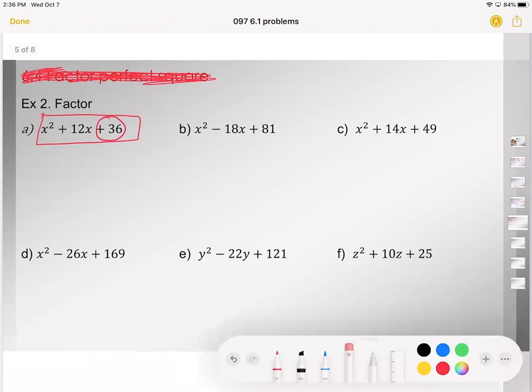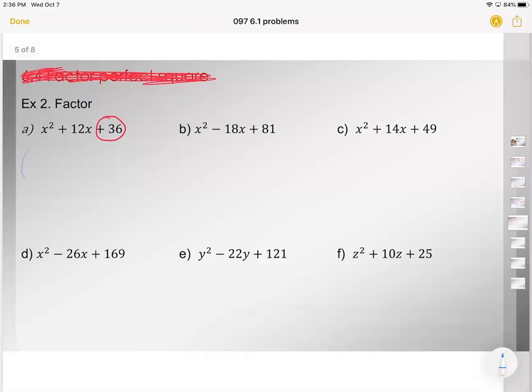And if this item is positive, I'm thinking in terms of addition. And in this case, this is positive. So I'm thinking in terms of addition. Are there two numbers multiplied to give you 36, but add together to give you 12?